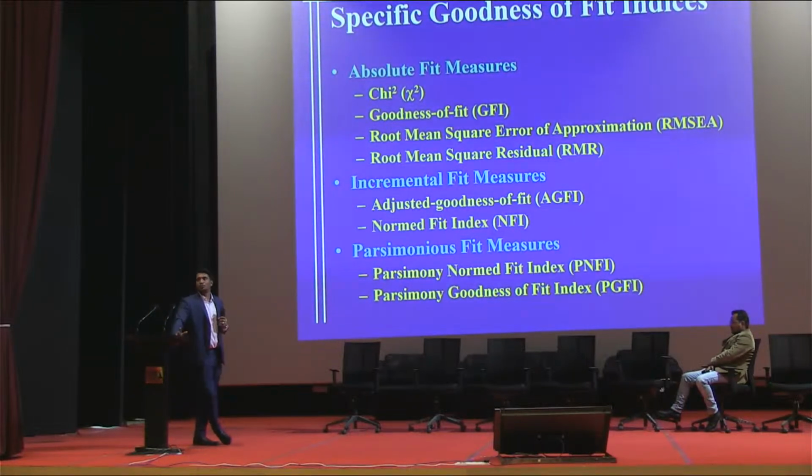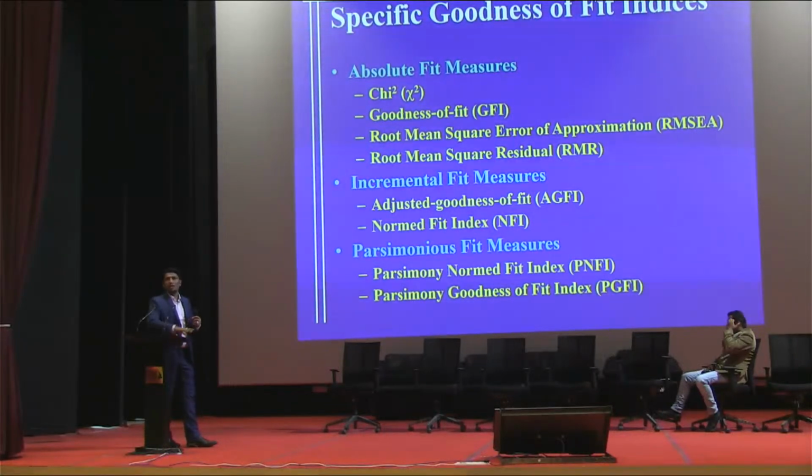If the chi-square value is significant, which simply means p less than 0.05, it means that the data doesn't fit the model. So when chi-square is significant, there's no point worrying, because that might happen because of larger sample sizes. We can simply jump into the other fit indices, which can give us a complete overall picture of the entire model.